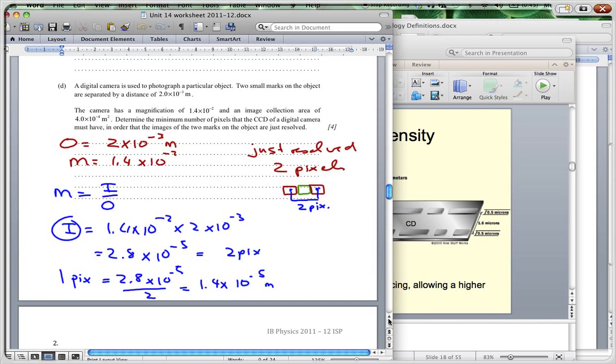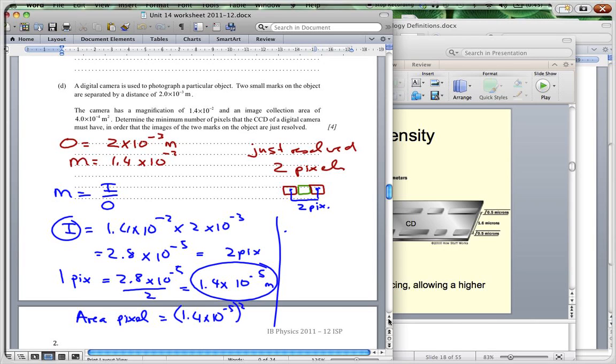Now, the total area that we have is given as 4 times 10 to the negative 4 meters squared. So the area of a pixel in this case would equal this 1.4 times 10 to the negative 5, squared. So that's the area of 1 pixel.